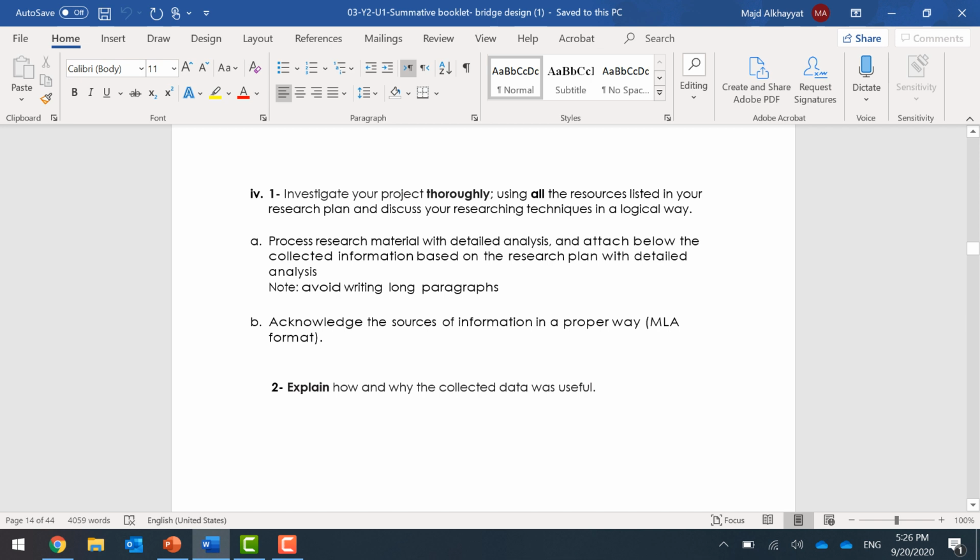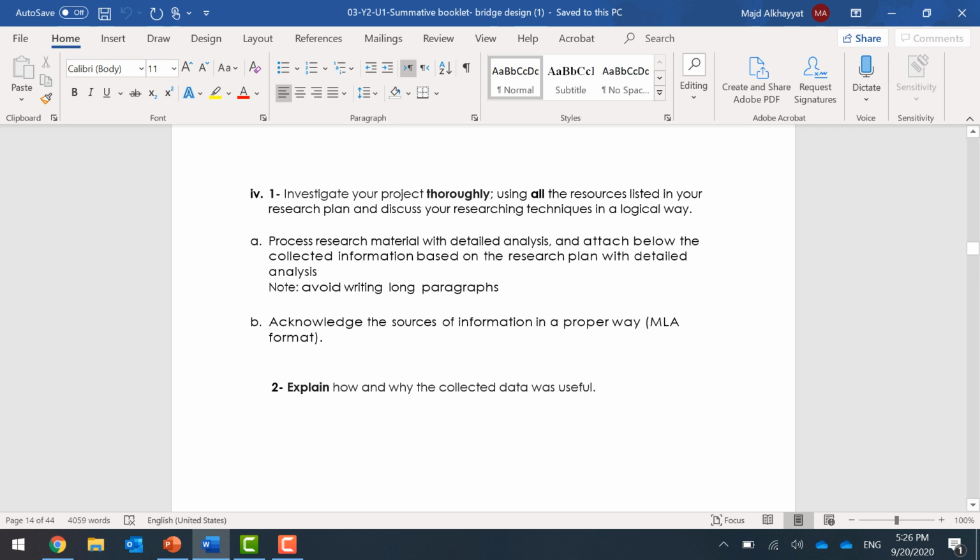Process research material with detailed analysis and attach below the collected information based on the research plan with detailed analysis. Avoid writing long paragraphs, which means that you will take the information that you gathered from the research table in strand II and the information gathered from strand III and give me a detailed, brief summary for this.